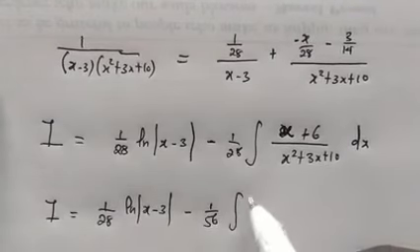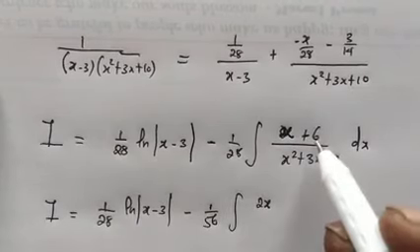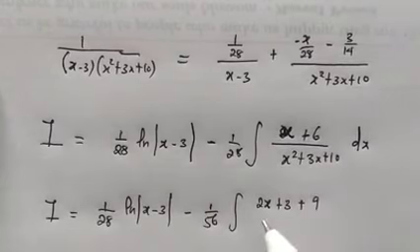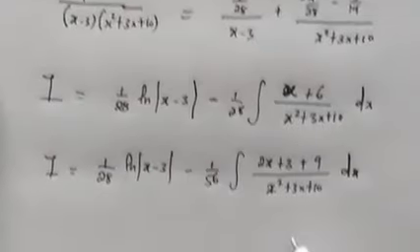Then, into bracket, the integral of 2x here. This would be 12, but we split it as plus 3 and then plus 9, then divided by x squared plus 3x plus 10 dx.